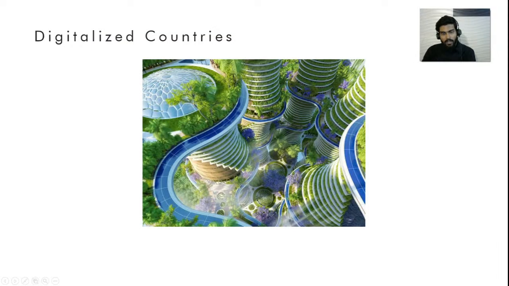Let's take a moment to think that while we are living in an age where we spend about 30%, 35%, and in some cases about 55 to 60% of our time on mobile phones or on laptops or computers, we are living in a very digitalized world right now.